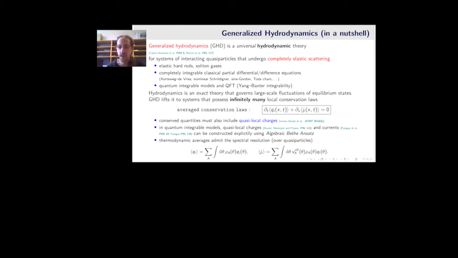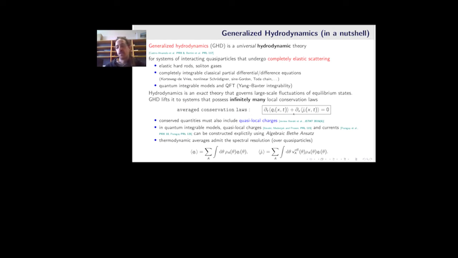This is some kind of a cutoff in your hydrodynamics, and you don't want to do that, especially if you're after this type of questions that I want to address here. And particularly what is important is that these conservation laws need to also include the quasi-local charges that turned out to be very important in a different albeit related context of quantum quenches, when people studied thermalization from quantum quenches. So these also should go into this set of averaged conservation laws.